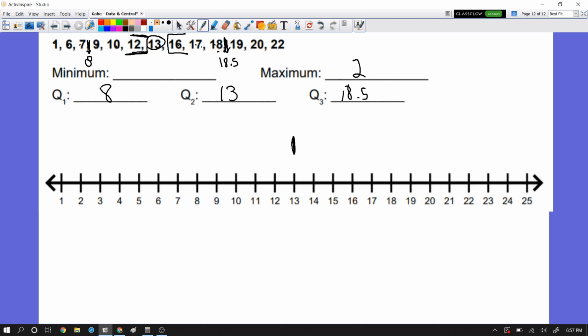Your maximum is 22, and your minimum is 1. So 1, 22, 18.5, and 8.